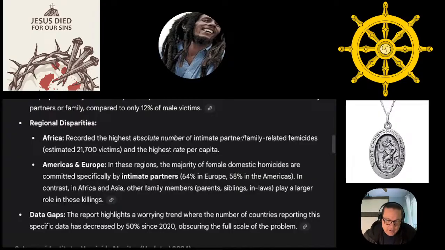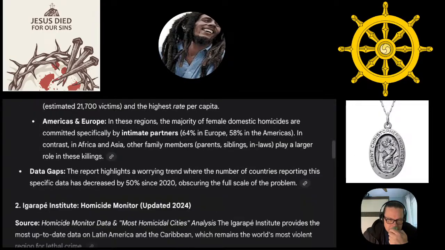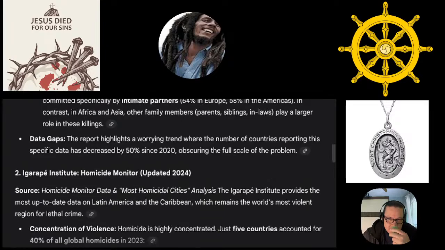But then we go on to data gaps. The report highlights a worrying trend where the number of countries reporting this specific data has decreased by 50% since 2020, obscuring the full scale of the problem.